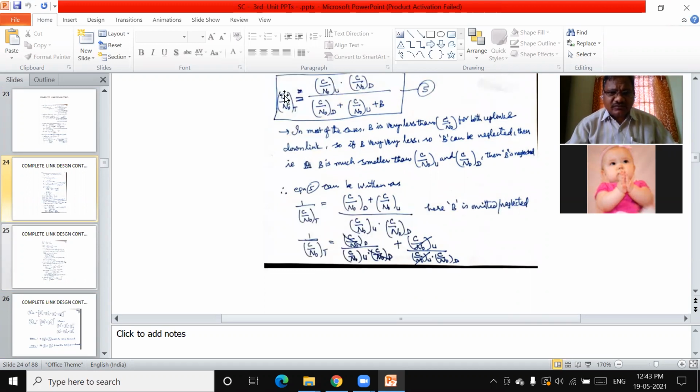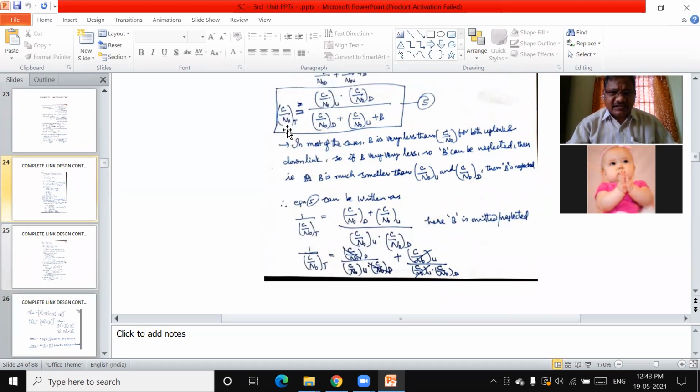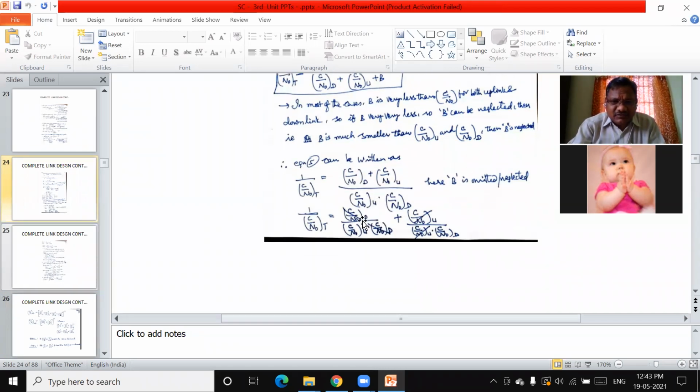Here we have taken the inverse. As you said earlier, this is C by N naught. Earlier when we wrote C by N naught, it is nothing but C by N naught T. So then what happens? The inverse of this one: 1 by C by N naught T is equals to, this goes up and this comes down, right? So the plus term goes up and this multiplication term comes down. Therefore, C by N naught D plus C by N naught U by C by N naught U into C by N naught D. Now if we simplify this further, this term by this whole term, what happens?